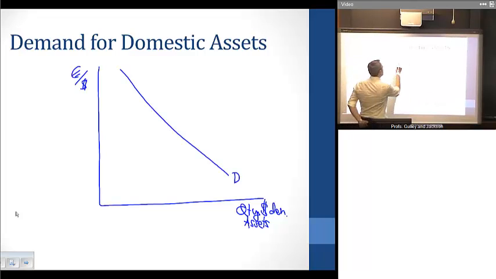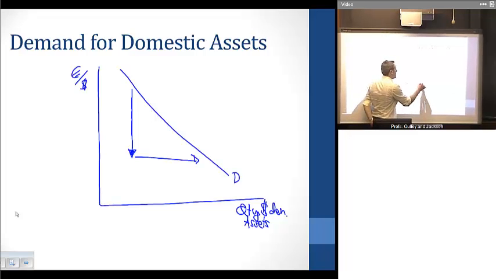The intuition, as I mentioned before, if the current exchange rate goes down, then it's more likely in the future that the currency is going to appreciate, and therefore people are going to want to hold more domestic denominated assets in the expectation that it will appreciate in the future, and therefore the quantity of domestic assets demanded is going to rise. So we get this inverse relationship between the current exchange rate and the quantity of domestic assets demanded.